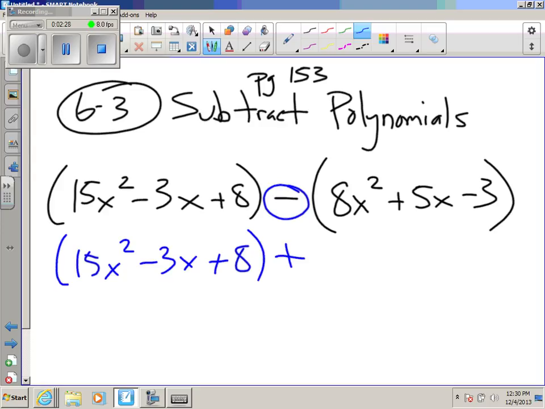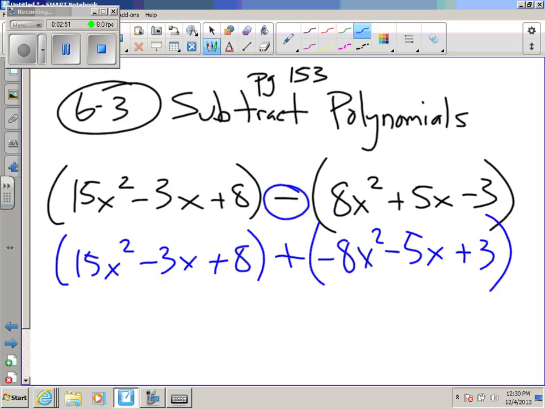If I change this to a plus, I just have to make everything else on the inside of the second set of parentheses the opposite. So 8x squared now becomes a negative 8x squared. Your positive 5x now becomes a negative 5x. And your negative 3 now becomes a positive 3.